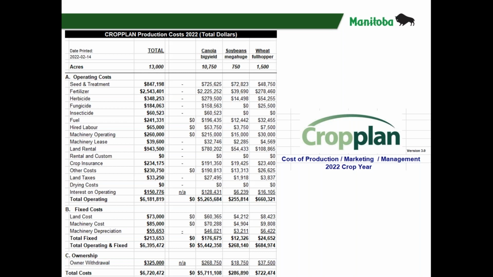It allows you to replace our numbers with your numbers to come up with a really good document for cost of production and be able to see where the costs are going to be on the farm, what the aggregate totals are, and then you can look at starting to time these so you know when your outflows are going to happen and time it with some grain sale inflows. So it's very important to understand that, just again, because there's just so many moving parts going on this year.